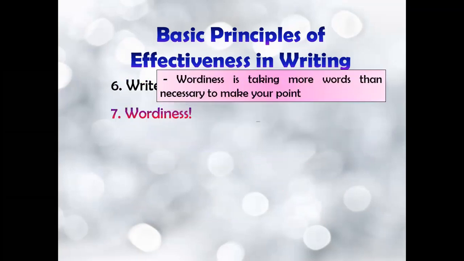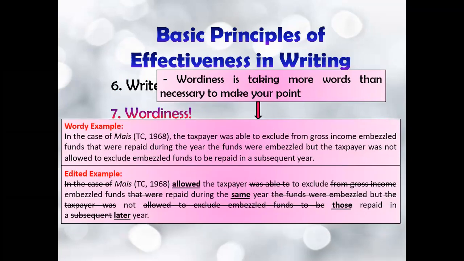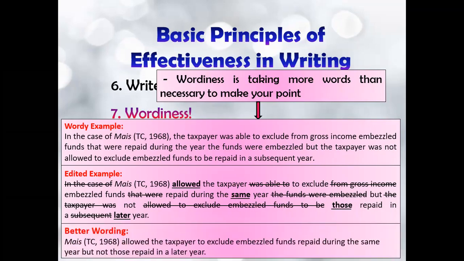Then wordiness. Wordiness is taking more words than necessary to make your point. So it is better to avoid wordiness. For example, a wordy example. Then the edited example: the 1968 Tax Code allowed the taxpayer to exclude embezzled funds repaid during the same year but not those repaid in a later year.